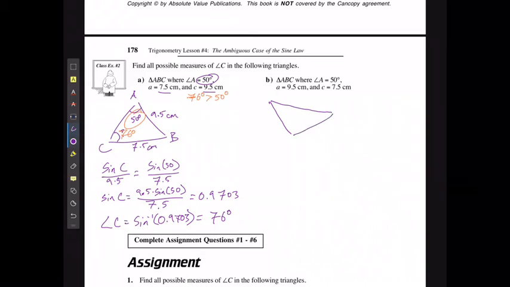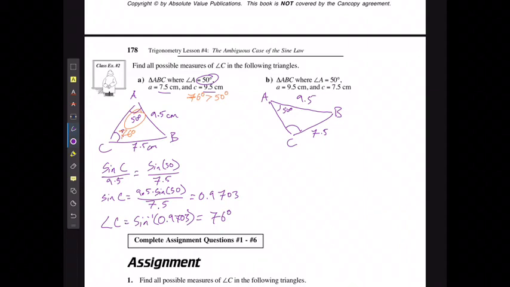A is still going to be 50. Angle C here is going to be obtuse. Angle B, this is still 7.5, and this is still going to be 9.5. But now I'm going to have this obtuse angle in here.